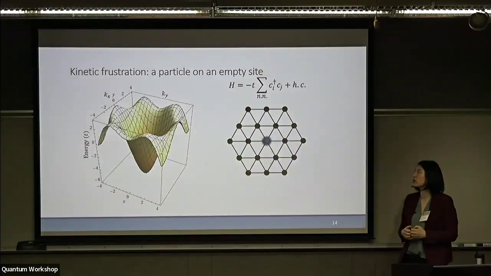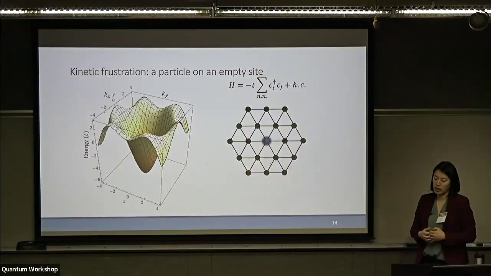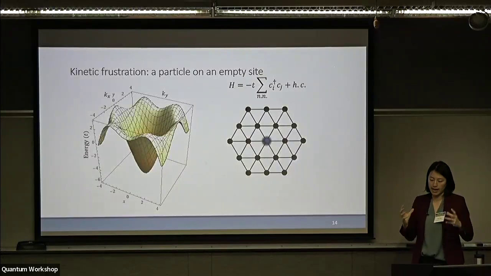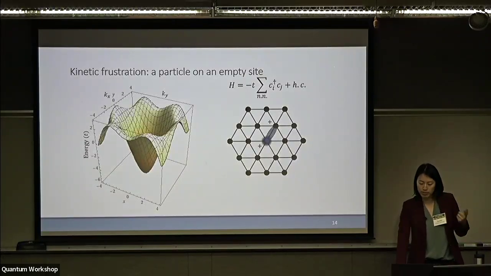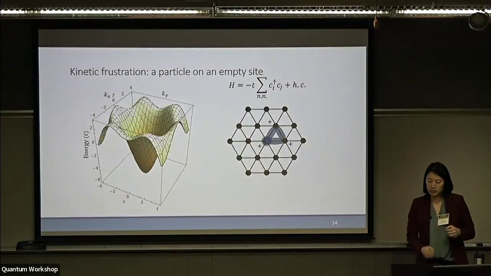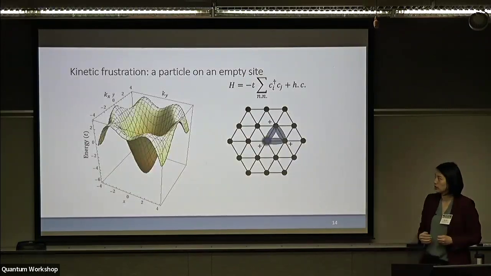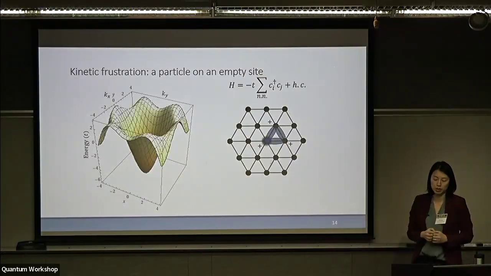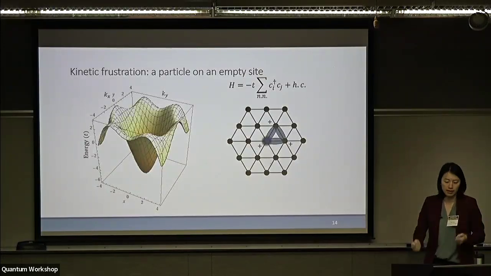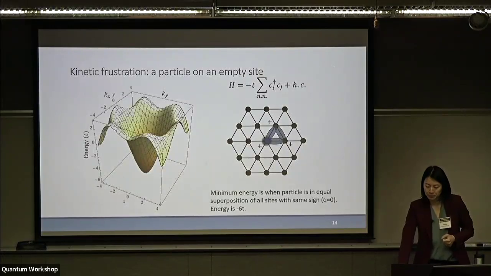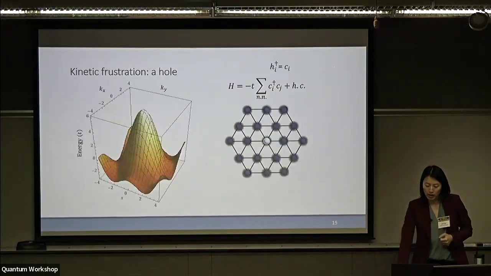So a single particle in a triangular lattice, with tunneling defined as positive, minimizes its energy by occupying symmetric orbitals on each bond. And you can see this: the single-particle band structure E(k) experiences a minimum energy of -6 tunnelings.